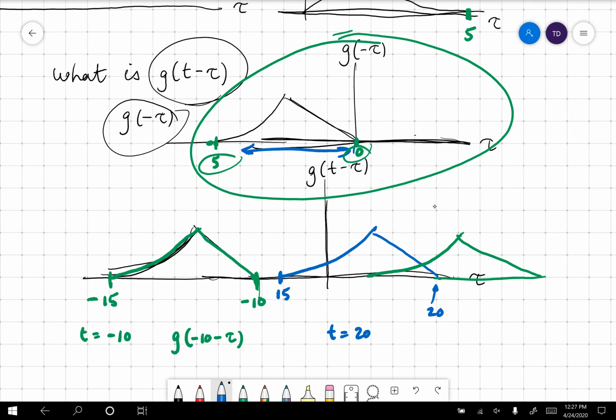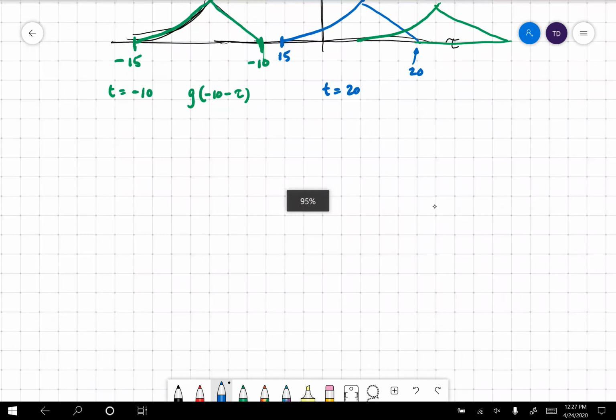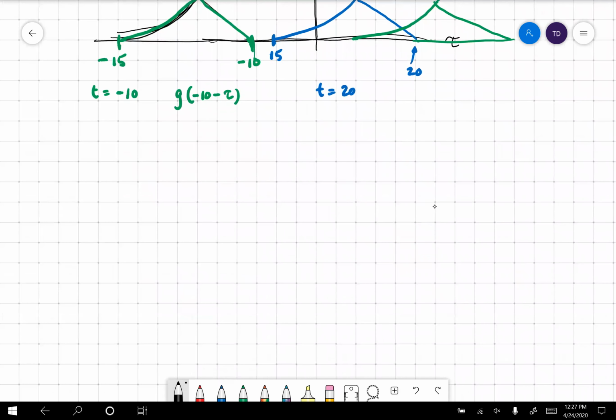So basically, here's what's going on, and then I'm going to try to explain to you pictorially why. I'm going to look at both of these at the same time. These two functions, I want you to think of this as your system function, h of t. Let's just pretend h of t looks like this.